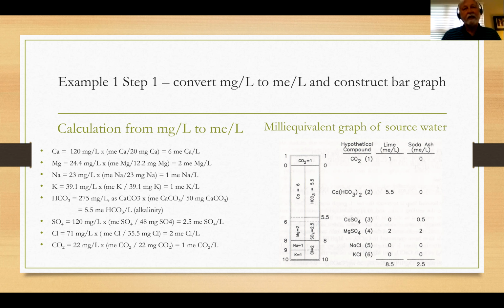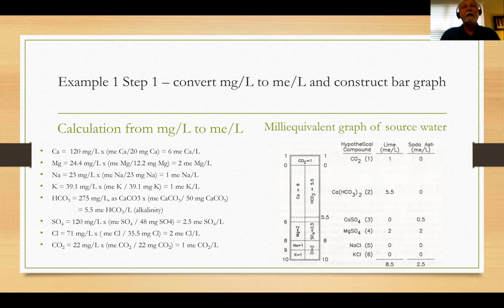We go down to the magnesium, same thing. It's 24.4 milligrams per liter. Divide by the equivalent weight of magnesium, and we end up with 2 milliequivalents of magnesium per liter. Sodium the same way, potassium the same way. Right-hand side, a little bit different, not much. I'm sure you've seen this over and over.